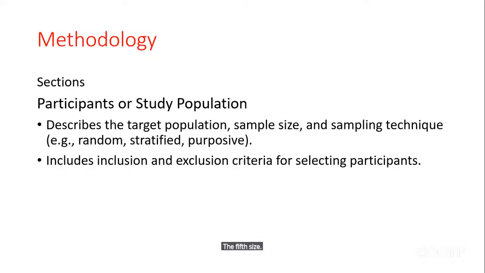In some studies, the sample will not represent the population and may not be useful. Or if it's too large, you are just wasting your time and your resources. In order not to waste your resources, you have to calculate the sample size to get the appropriate sample that you need. Okay. So include inclusion and exclusion criteria for selecting participants.